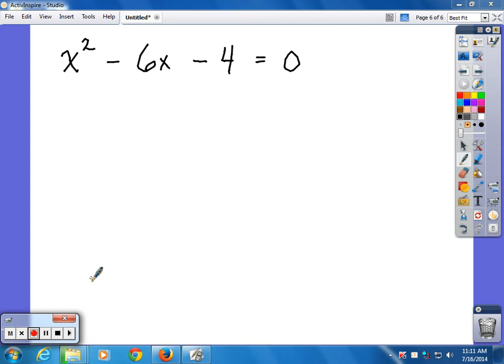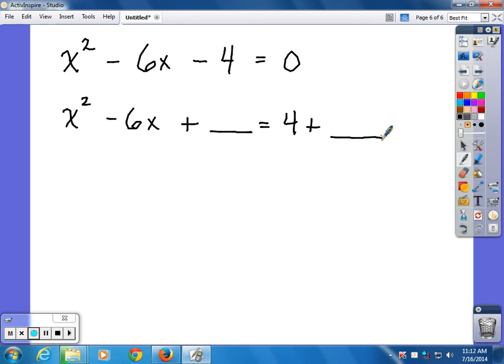All right, so here's our problem, and we're going to complete the square: x squared minus 6x plus blank is equal to 4 plus blank. All right, now what?